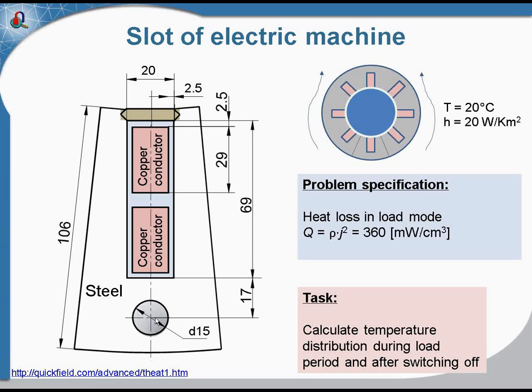But after we switched off the motor, the rotor is not rotating, there is no air motion in the air gap, there is no air motion in the cooling duct. So the heat is evacuated only from the external surface.